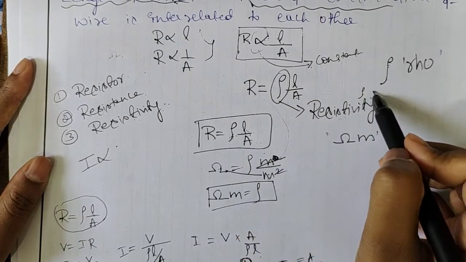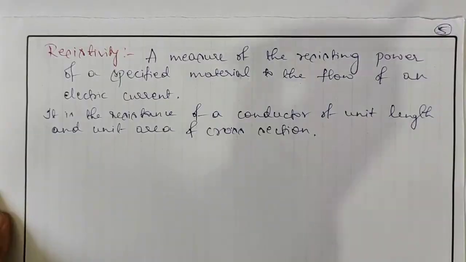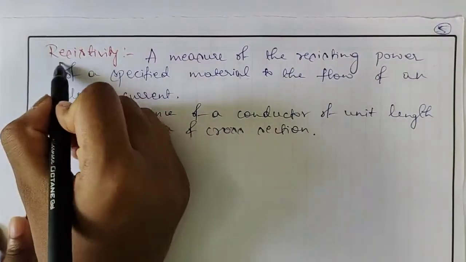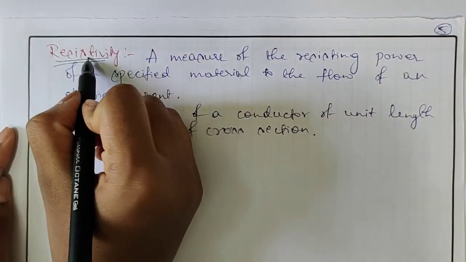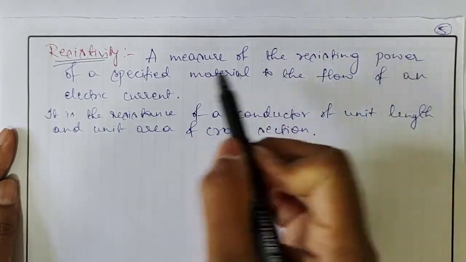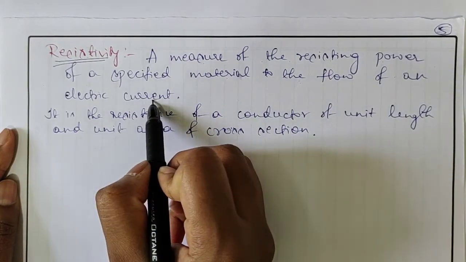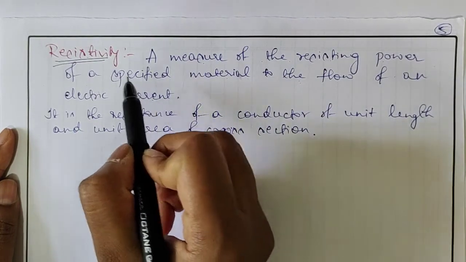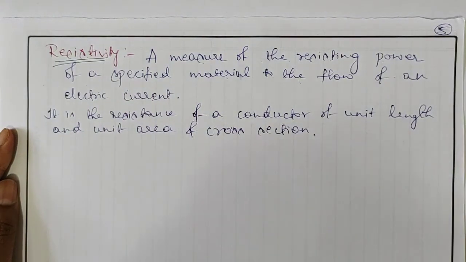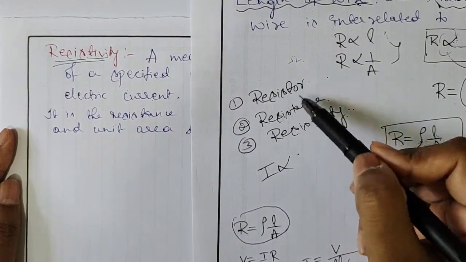Now just let me discuss what is the definition of resistivity. Resistivity can be defined as a measure of the resisting power of a specified material to the flow of an electric current. So it is such an easy statement. Just to recall, as I told, we learned three almost similar terms, right?